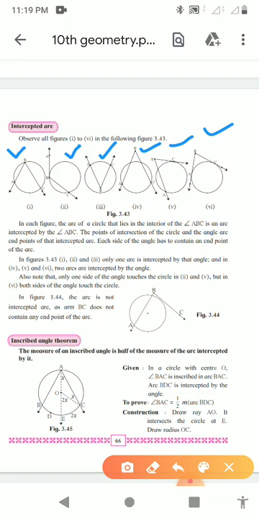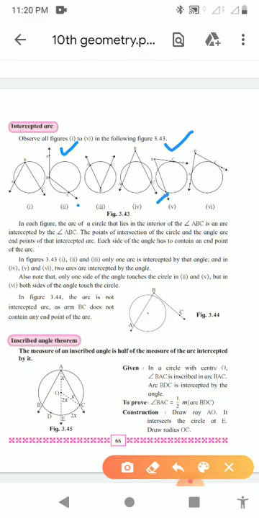One important point is that only one side of the angle touches the circle. Particularly if we see these 2 diagrams, diagram 2 and diagram 5, if we closely observe, we will come to know only one side of the angle touches the circle, isn't it? Here only this side touches the circle, or here this side touches the circle.